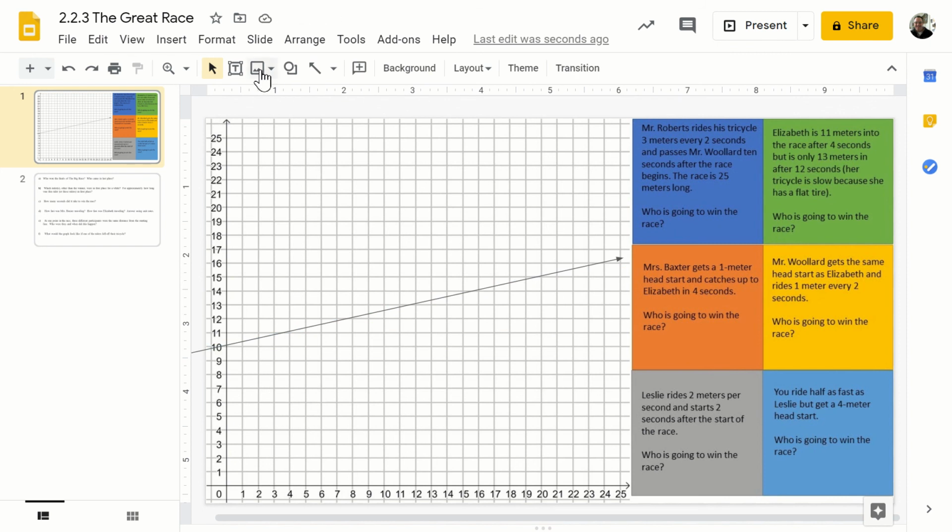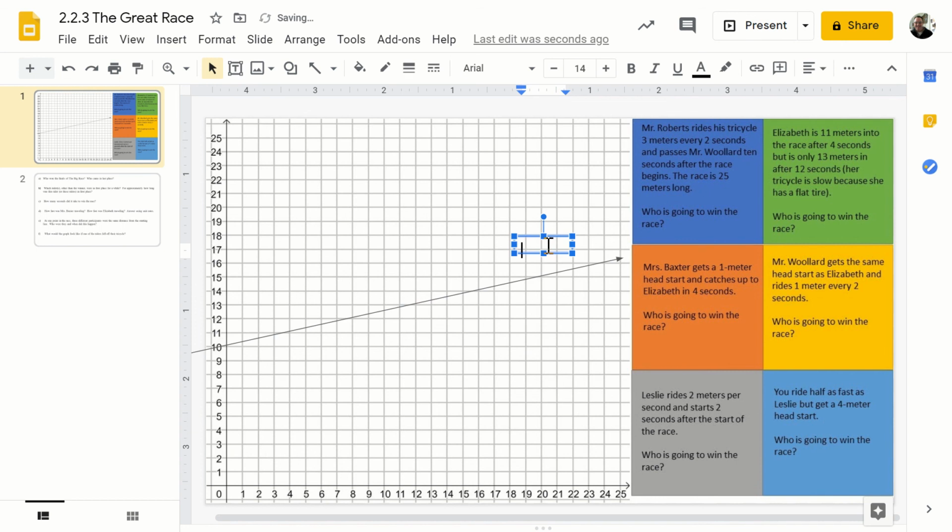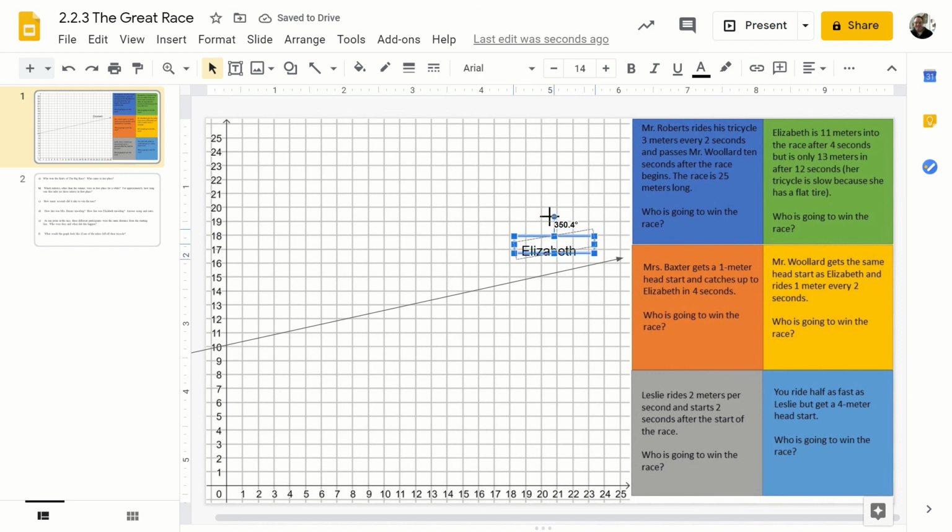There's going to be quite a few racers, so I definitely want to label her. So again, if I click and drag, I can make the text box the size I want it to be, and I'm going to label this Elizabeth. That's a little bit big. Make it a little bit bigger. I probably could actually write her equation now. So we've got her set up.